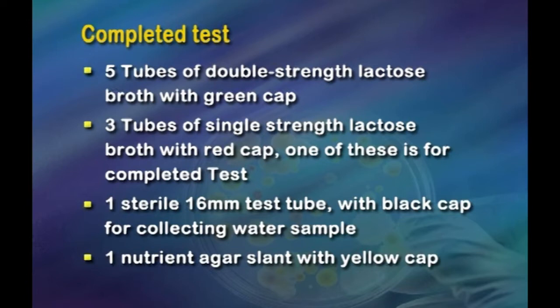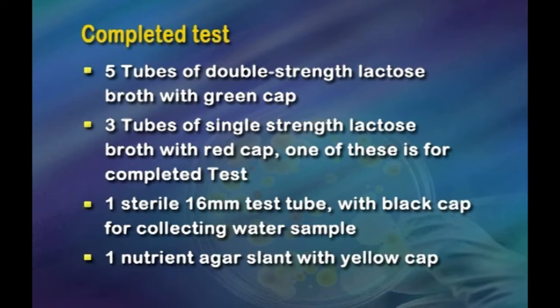For this test, the materials required are 5 tubes of double strength lactose broth with green cap, 3 tubes of single strength lactose broth, red cap. One of these is for the completed test.